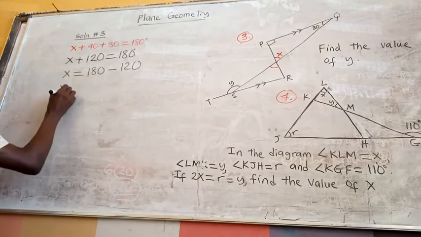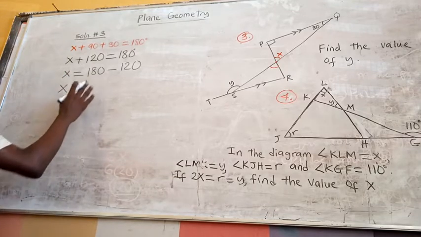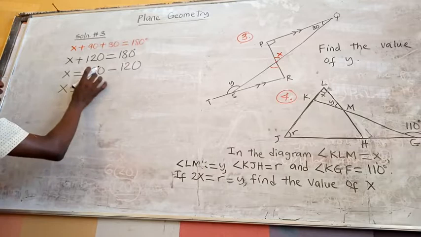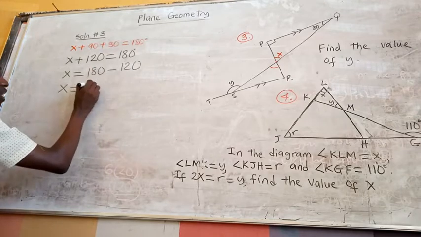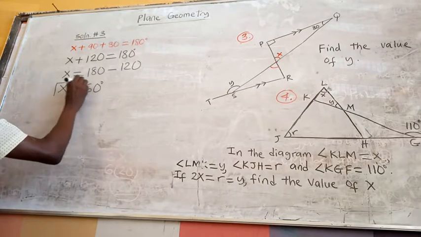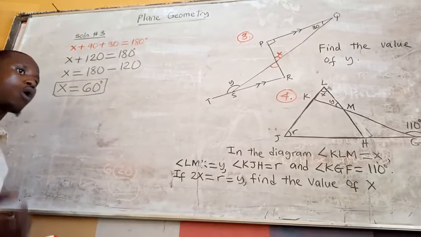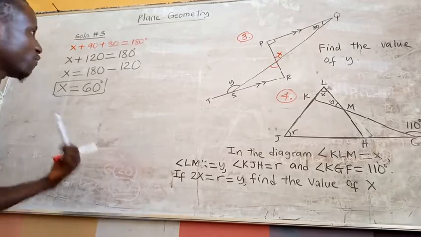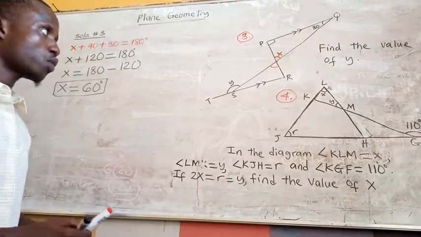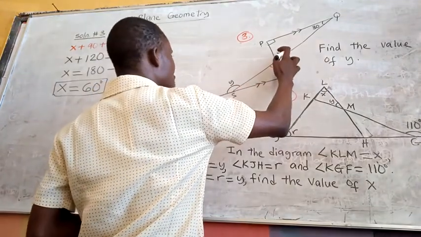When we take 120 from 180, we are left with 60 degrees. We have now calculated the value of x. So we know that the value of x here now is 60 degrees.